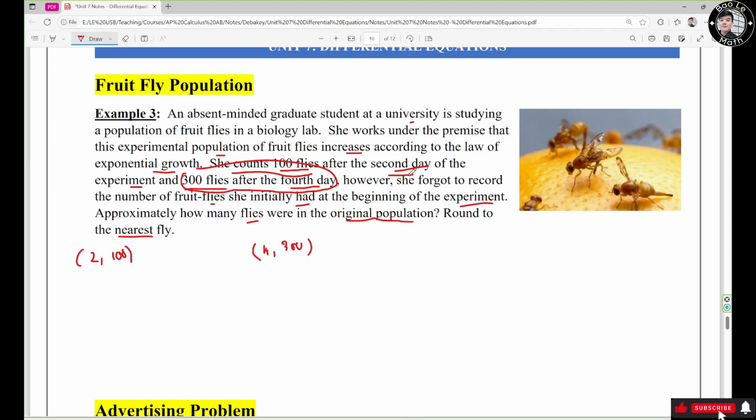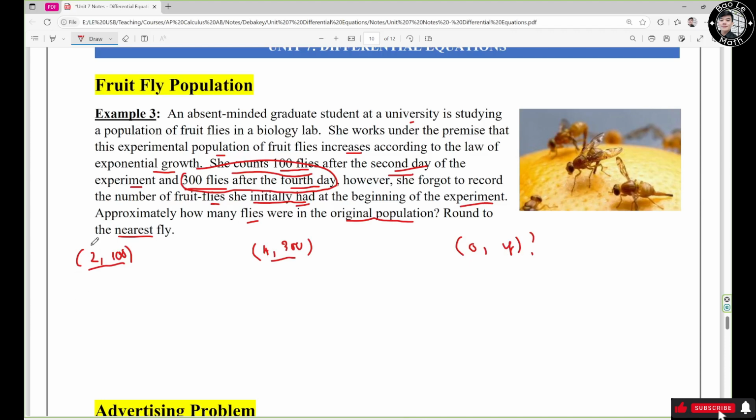She forgot to record the number of fruit flies she initially had, which means (0, y). Now we need to use the first two ordered pairs right here to solve for c and k.